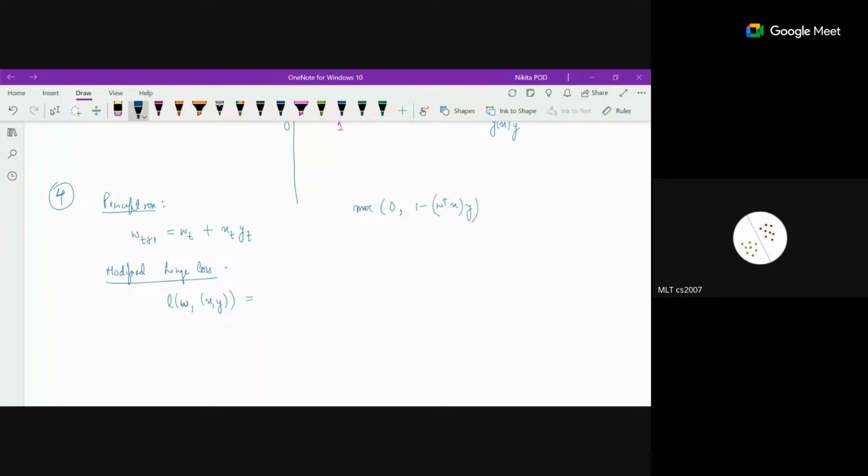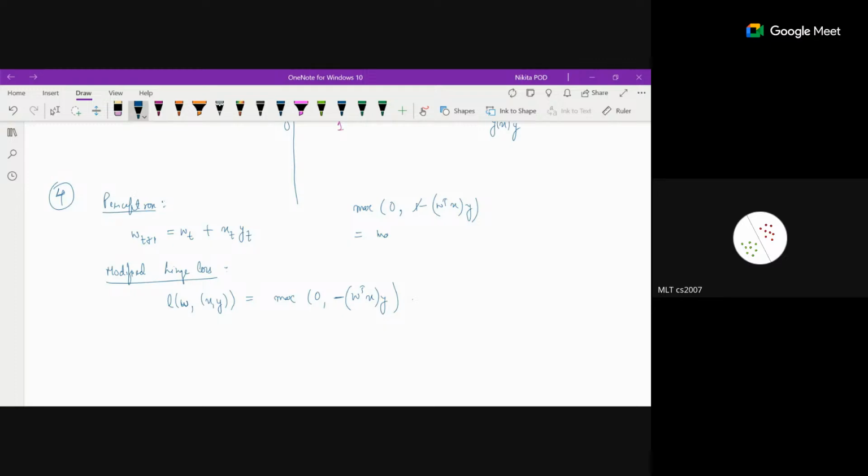When we are defining the hinge loss for perceptron, we will relax this one. So this is just max of 0 comma minus w transpose x times y. This is my modified hinge loss.